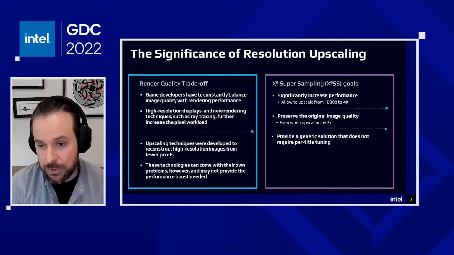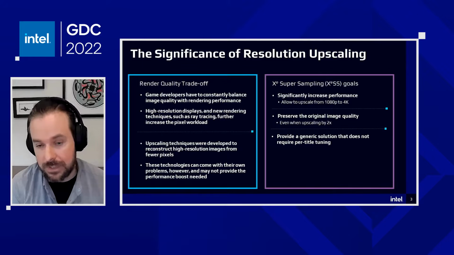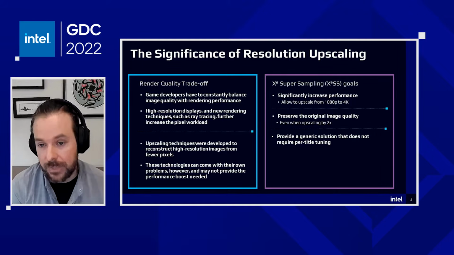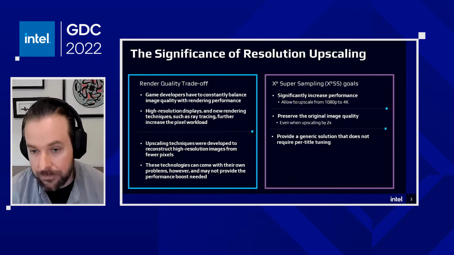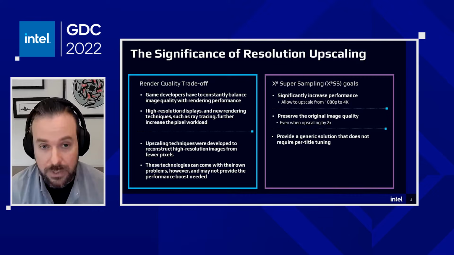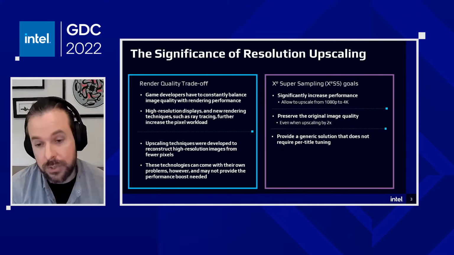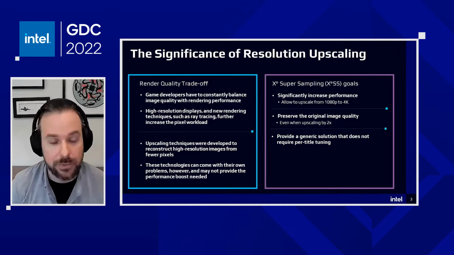So we should support scaling from, for example, 1080p to 4K, which is a 2x scaling factor. Even with that scaling factor, we also have to preserve quality. That's another goal. And we want to make sure that it works well across a wide range of titles, so this has to be a generic solution that doesn't require per-title training.